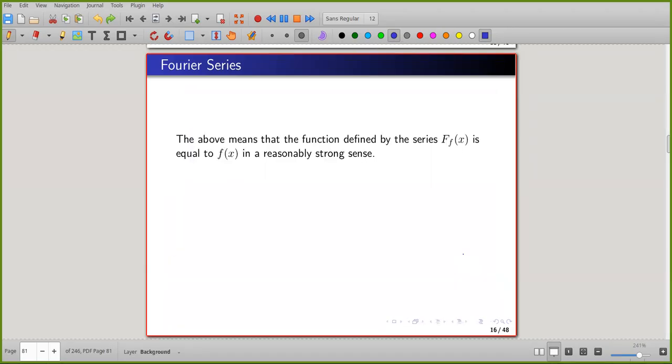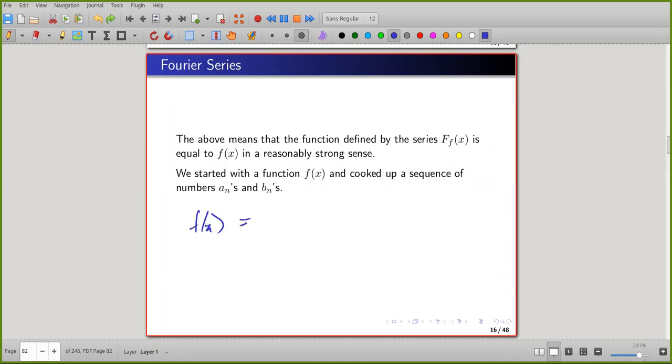So let's go ahead. The above means that the function defined by the Fourier series is equal to f in a reasonably strong sense. We started with a function f of x and cooked up a sequence of numbers a_n's and b_n's.